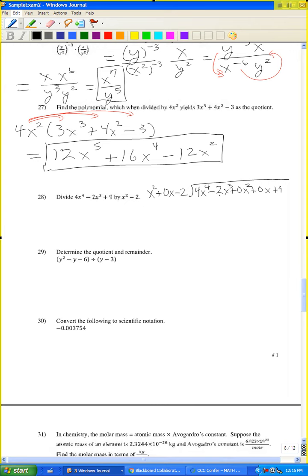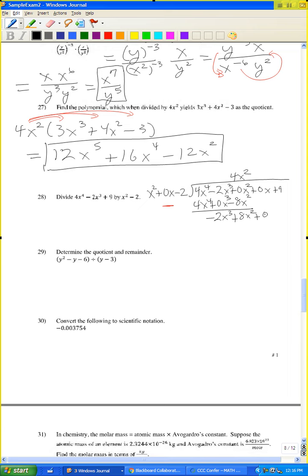Okay, so I get here 4x squared, that's 4x to the 4th, plus 0x cubed minus 8x squared. And let's subtract. I'll put it in red so you can tell it's something different. So the 4x to the 4ths cancel. Negative 2x cubed minus 0x cubed is a negative 2x cubed. 0x squared minus a negative 8x squared is a positive 8x squared.